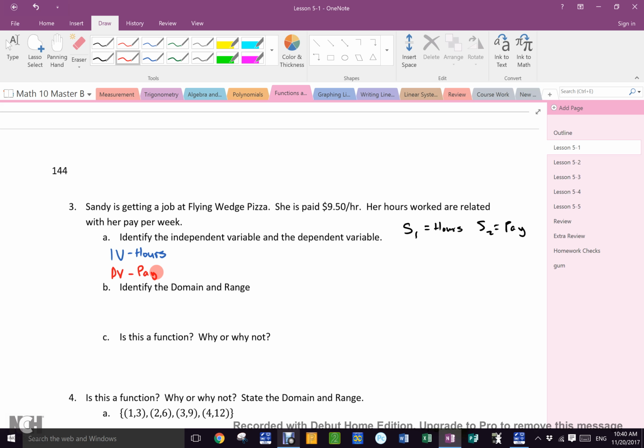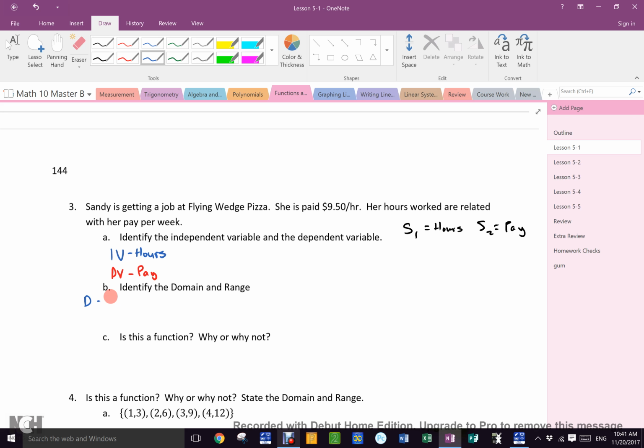Anyway. Hours are independent because everybody is passing hours, yes? But unless you're at a job, you're not getting paid. Cool? Okay. So what is the domain and range? The domain, is that the IV or the DV? Great. So what are the possibilities for my domain? Can I work anything less than 0 hours?